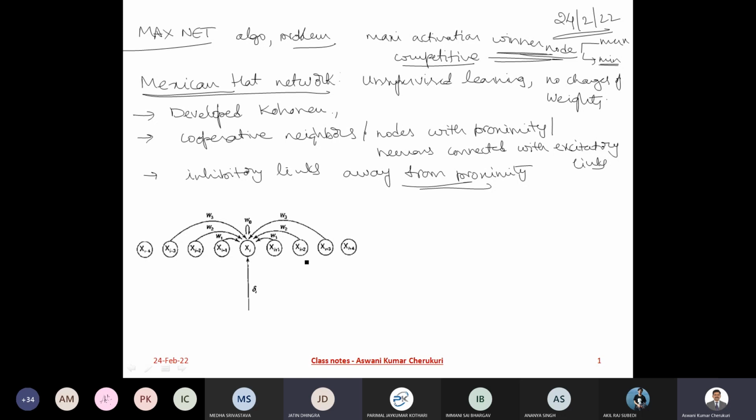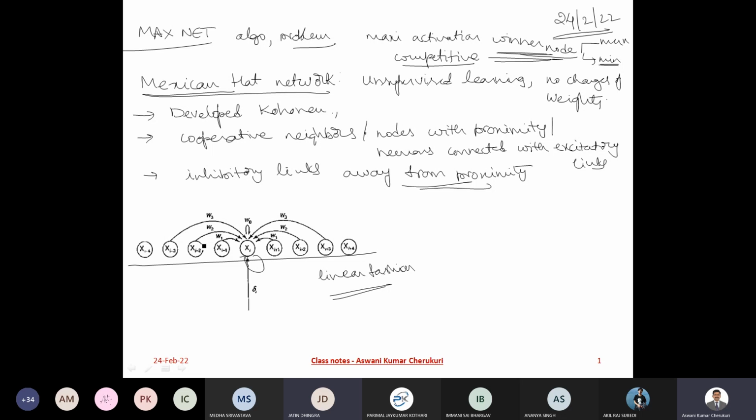You can notice that there are nodes, all arranged in a linear fashion, as an array kind of a thing. There is a node xi, and you can notice that there are connections to xi with a self loop, that means a connection loop to itself, and also connections from other nodes.